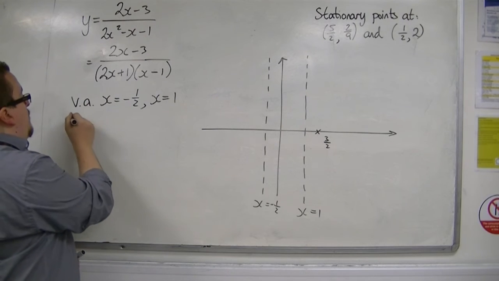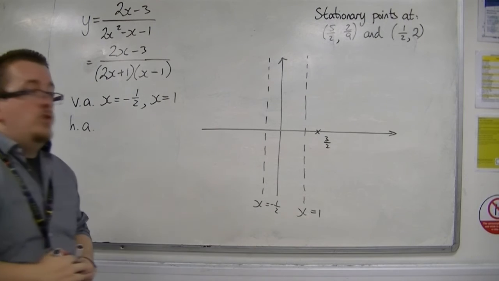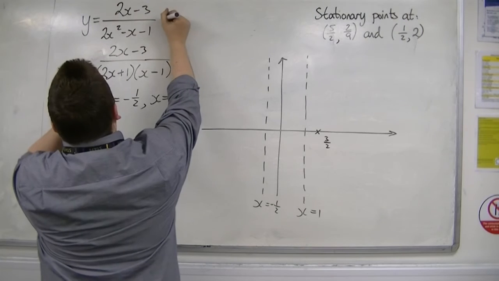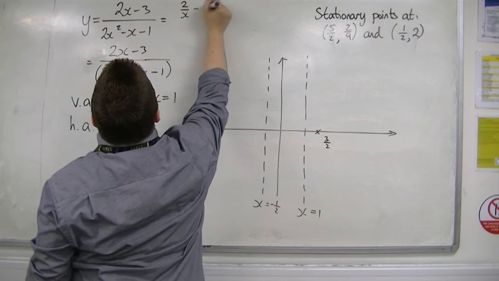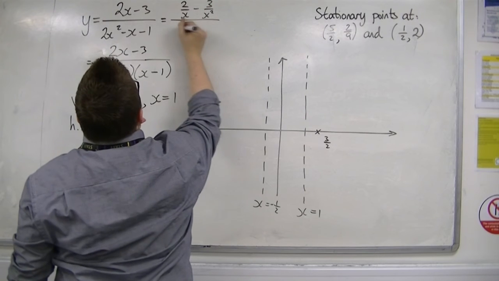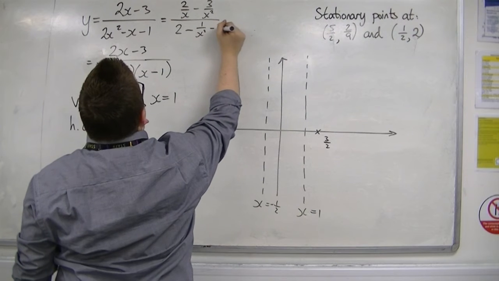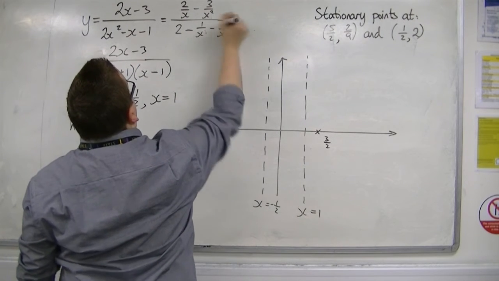Now, if we're looking for a horizontal asymptote, then you want to divide through by the largest power of x, which is x squared. So we're going to get (2 over x minus 3 over x squared) over (2 take away 1 over x take away 1 over x squared).